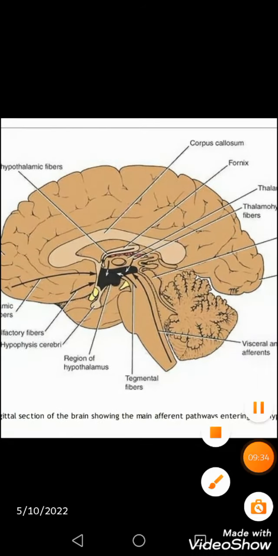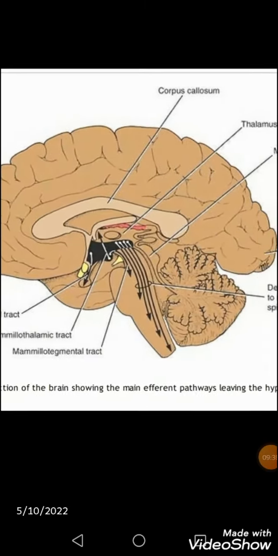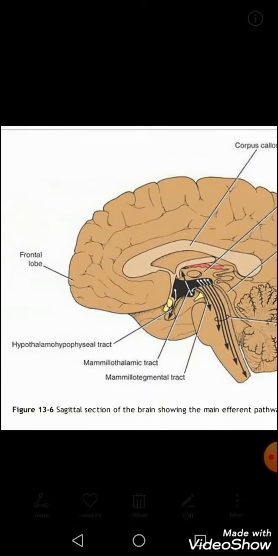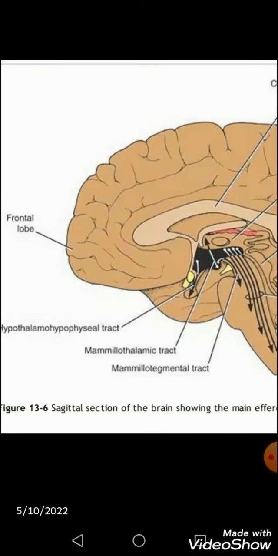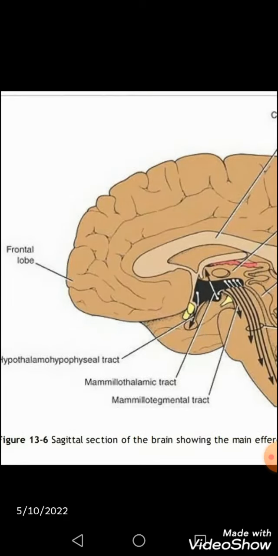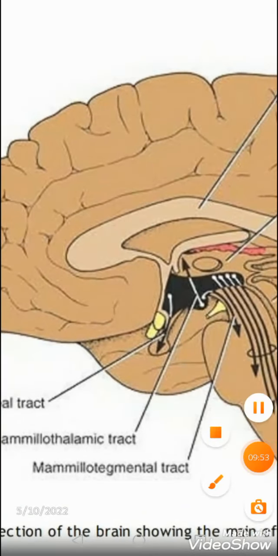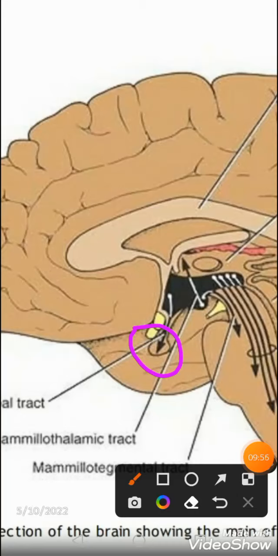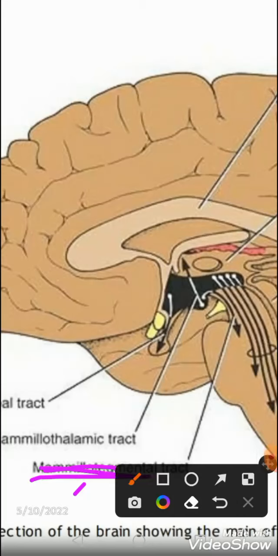We will now discuss the efferent pathways that leave the hypothalamus. So concentrate. The hypothalamo-hypophyseal tract you can observe being used, and it is trying to enter into your anterior pituitary. Let me mark, this is the pituitary gland, and you can observe the fibers entering here, right? Now we can observe that there lies another tract called the mammillotegmental tract.